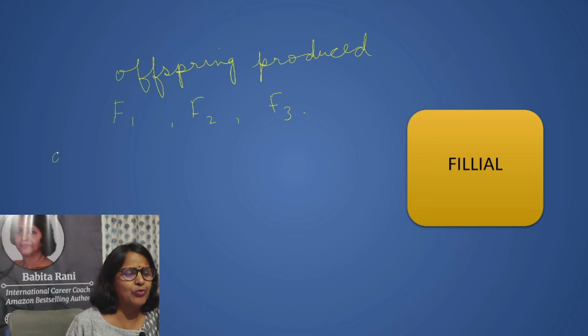If it has been produced after first mating, we call it F1. If we have a cross where F1 is considered, then the generation is called F2. Similarly, we move ahead. So, the offspring produced is known as filial, and we designate as first filial generation, second filial generation, third filial generation.